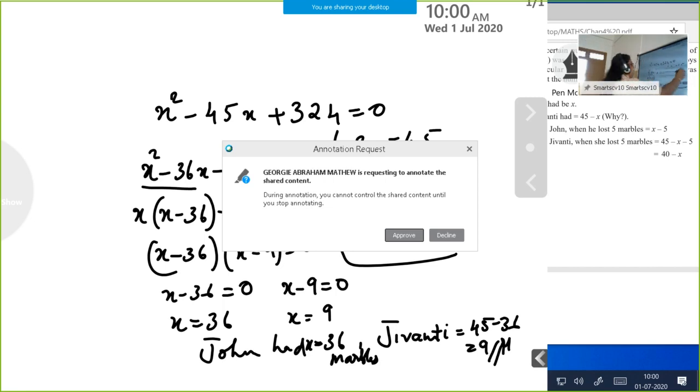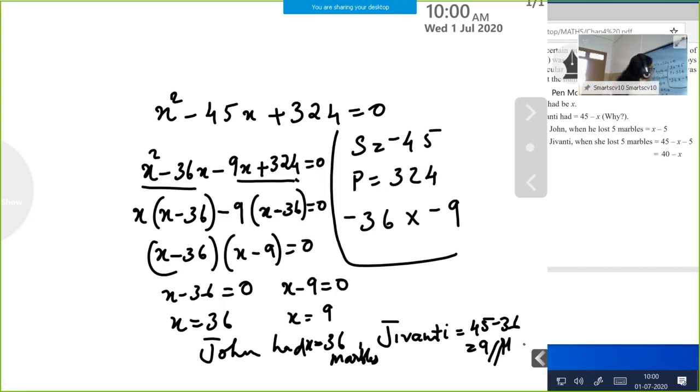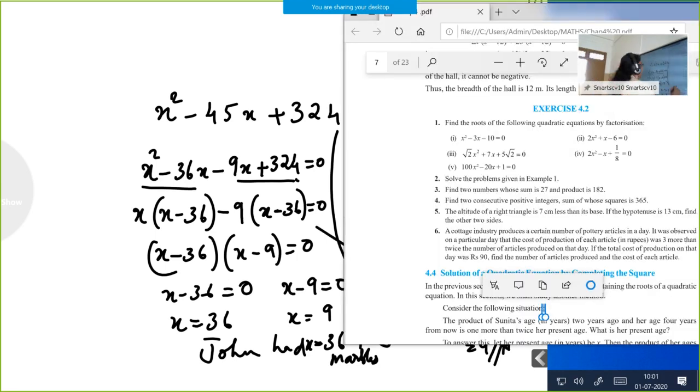Here also 9 marbles. Or either you take x is equal to 9, then 45 minus x is equal to 36.